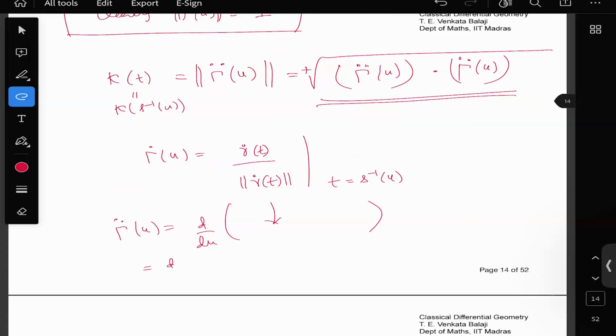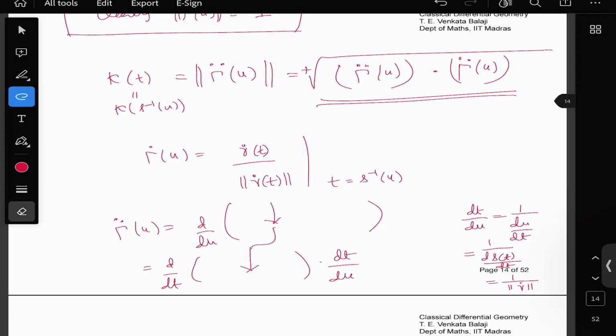So this will become d by dt of this into dt by du, and again use the fact that dt by du is 1 by du by dt, which is 1 by ds by dt, and this is 1 by norm gamma dot of t.